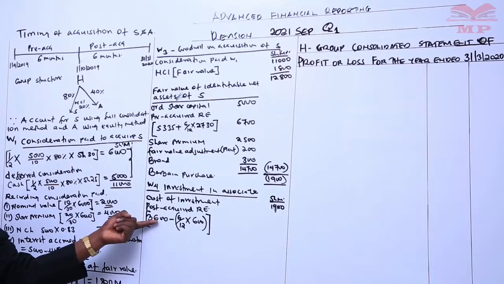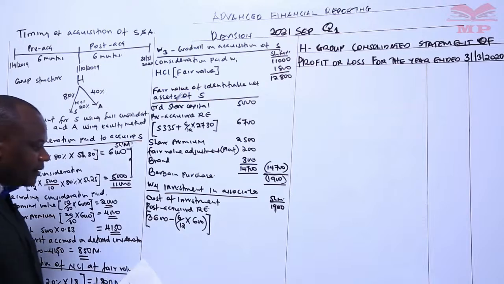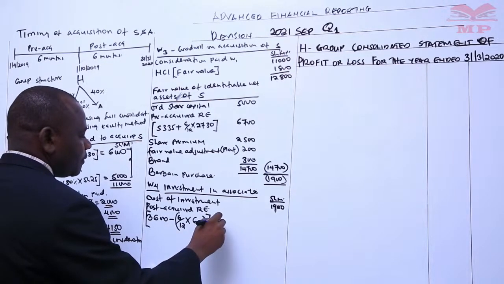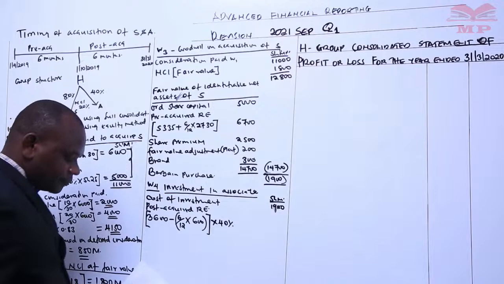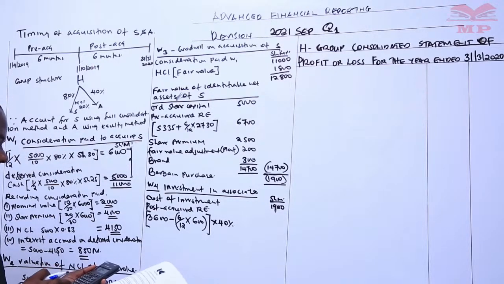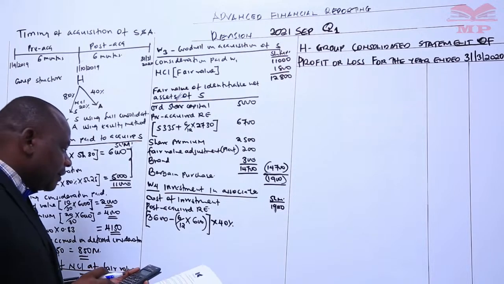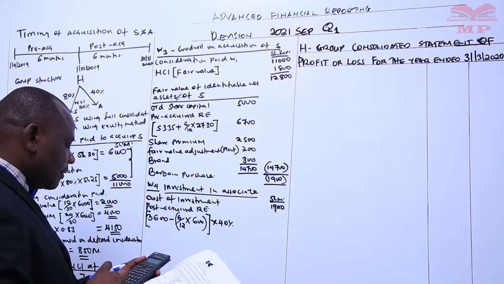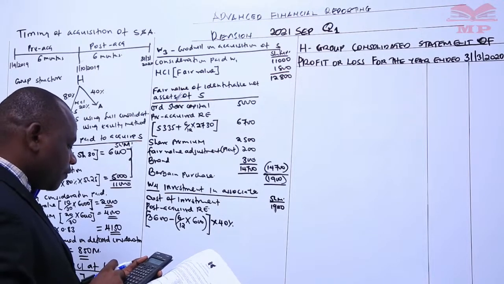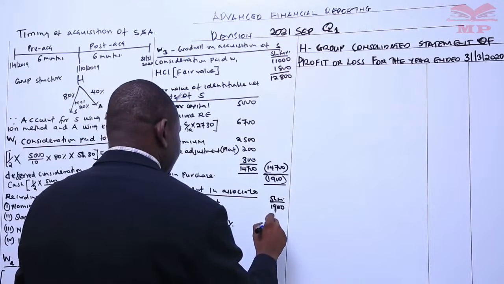So it is 3,600 minus negative 300, times 40%. So 3,600 minus negative 300, that is plus, giving you 3,900. So 3,900 times 0.4, giving you 1,560.